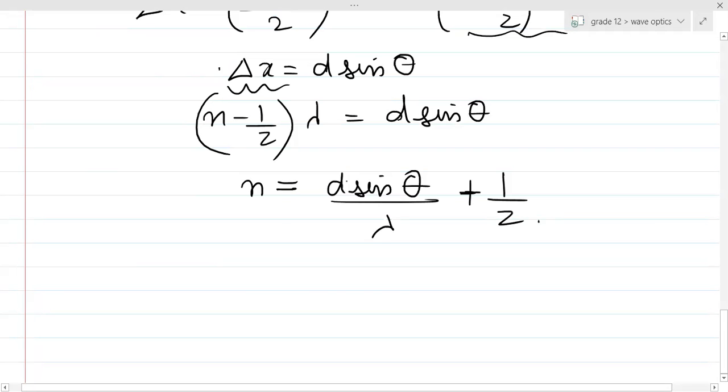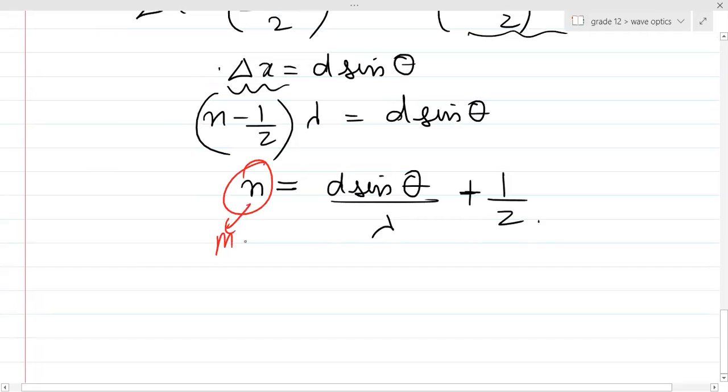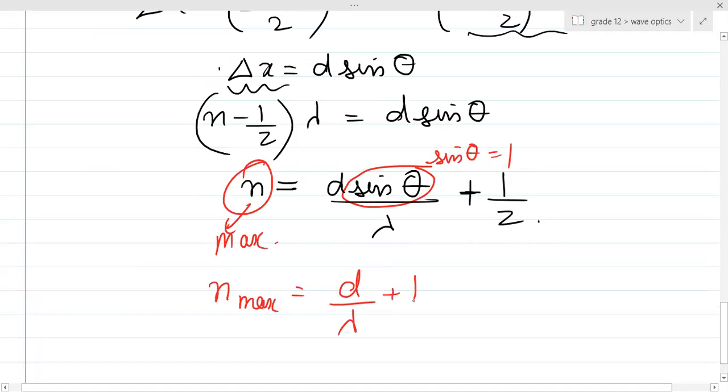So from here, if I want the maximum possible value of n, again if I want to max this, ये तो constant है, इसको तो कुछ कर नहीं सकता हूँ, ये दोनों experimental based है. So again, what will be the maximum value of sine theta, right? So here for n max, this is equal to d by lambda plus 1 by 2.